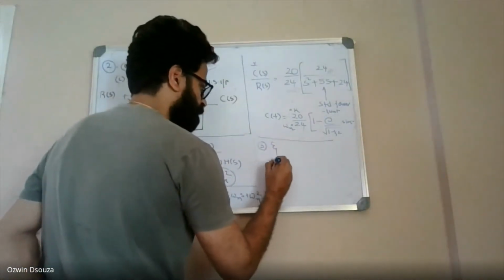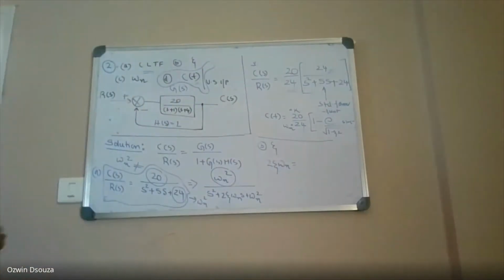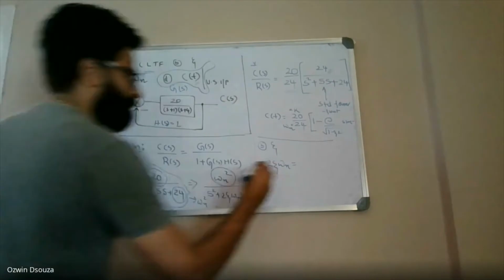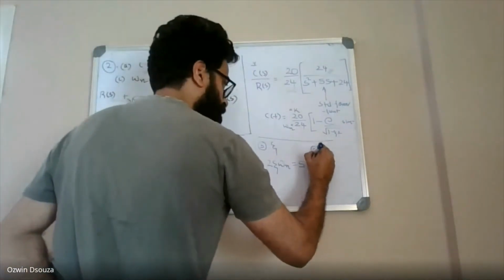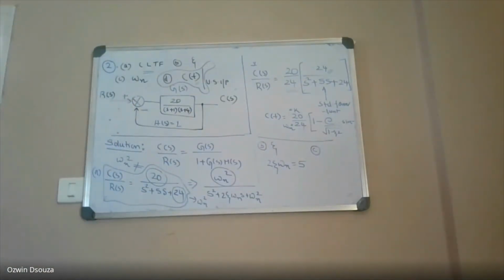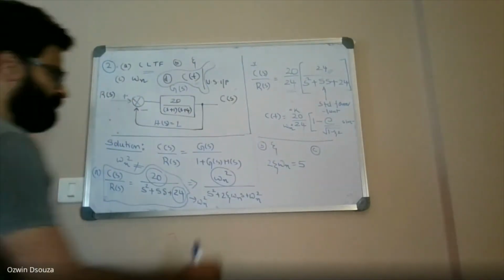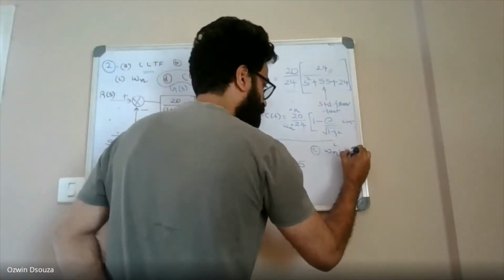So 2 zeta omega n is equal to 5, right? And also in part C, you need to find the natural frequency omega n. So omega n square is equal to 24.